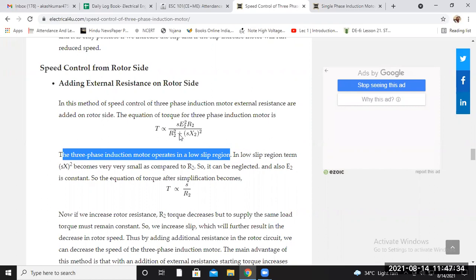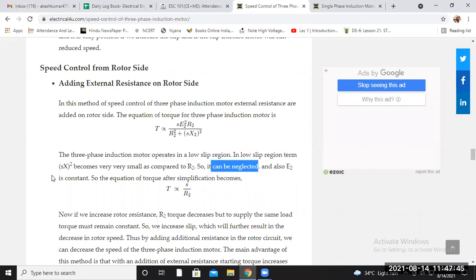In the low slip region, the value of slip is very small compared to the resistance, so the slip can be ignored or neglected, and E2 is constant.